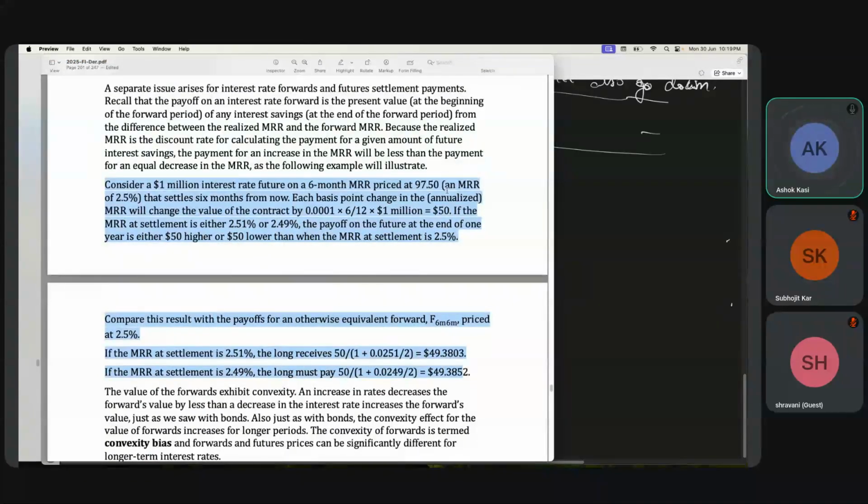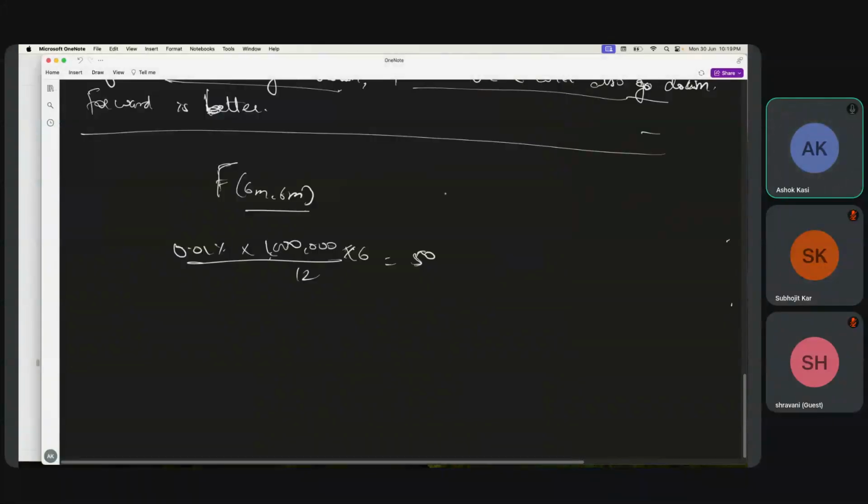Now, when MRR is 2.5 percent, we know the price is 100 minus 100 into MRR.